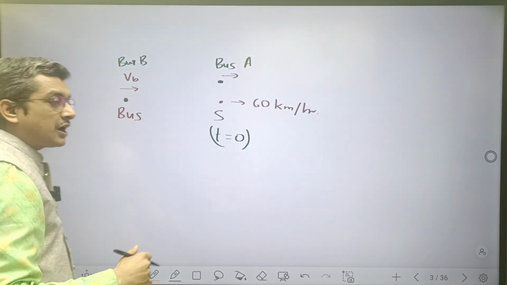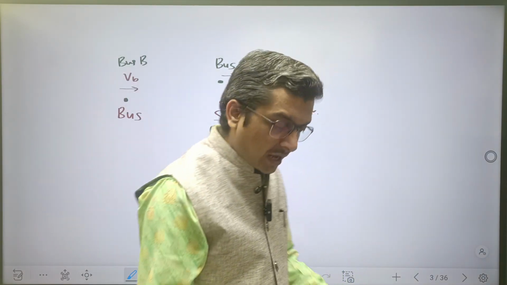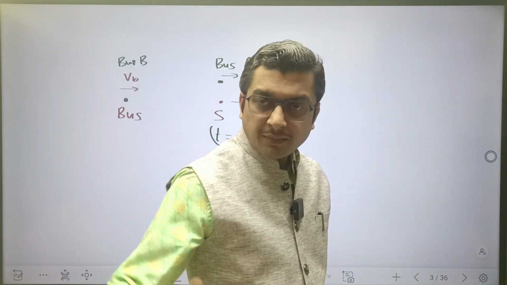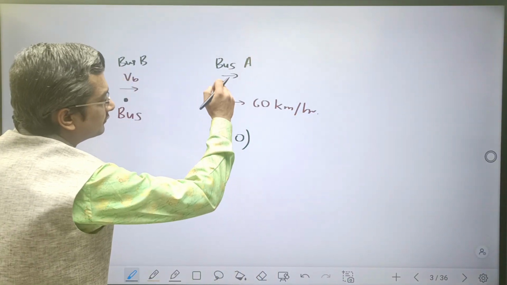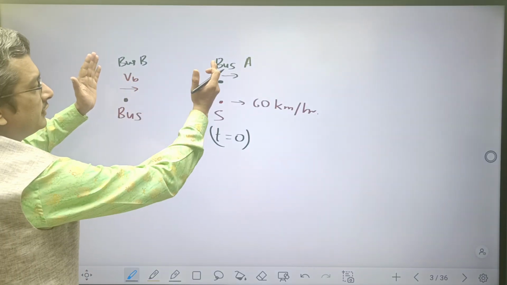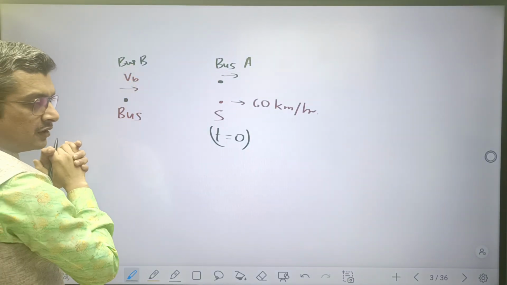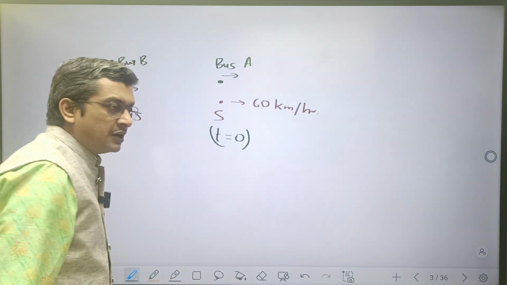So it will overtake after 30 minutes, because it is given that after every 30 minutes, the buses overtake the scooty S. If bus A overtakes the scooty at time t equal to 0, then the bus behind bus A is bus B, and it must overtake the scooty S after 30 minutes.